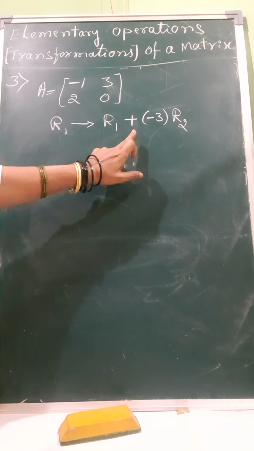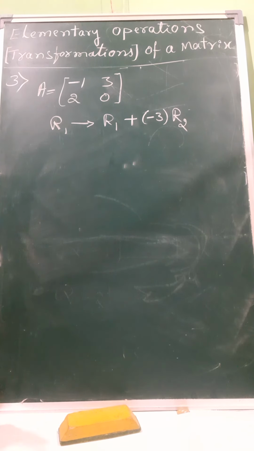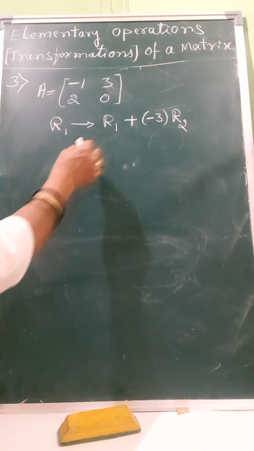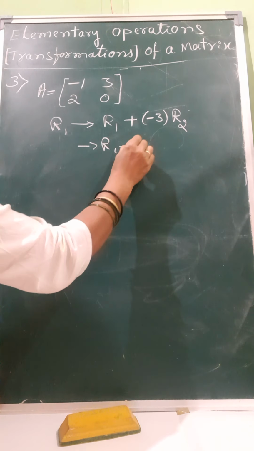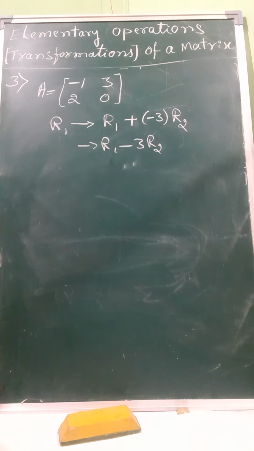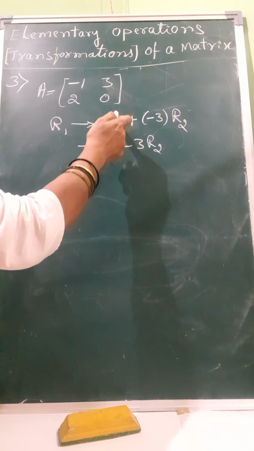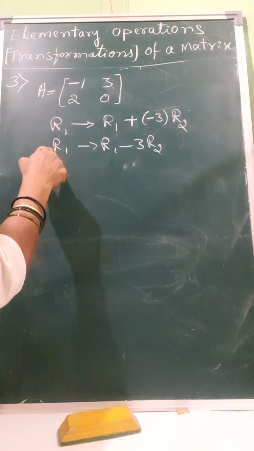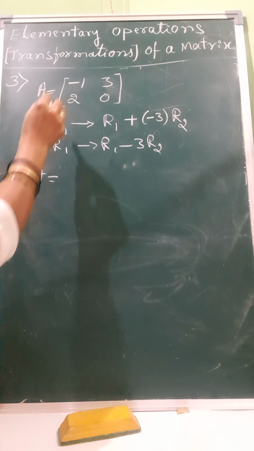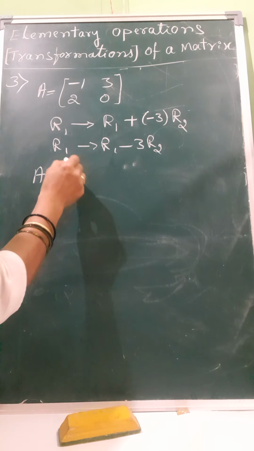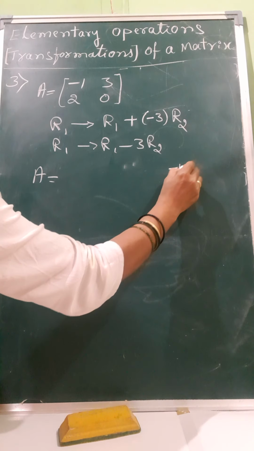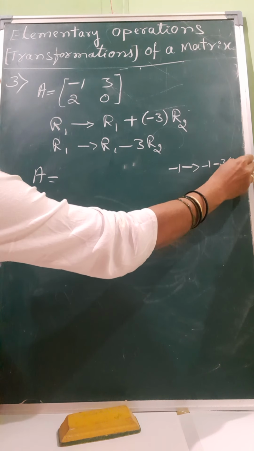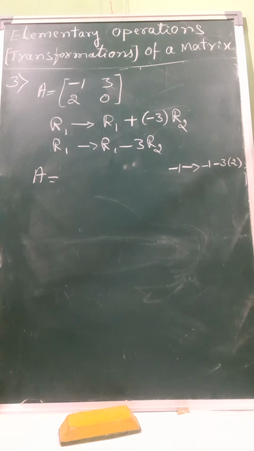Addition to the elements of a row, the corresponding elements of any other row. So it becomes R1 minus 3 R2. Here we change the row R1. In R1, minus 1 and 3 are the elements. Minus 1 changes to minus 1 minus 3 times R2, where 2 is the element in R2.